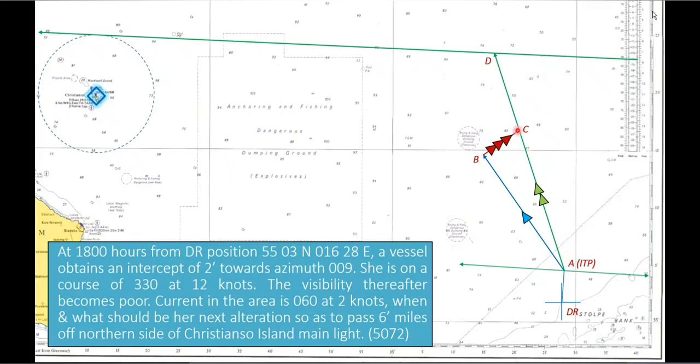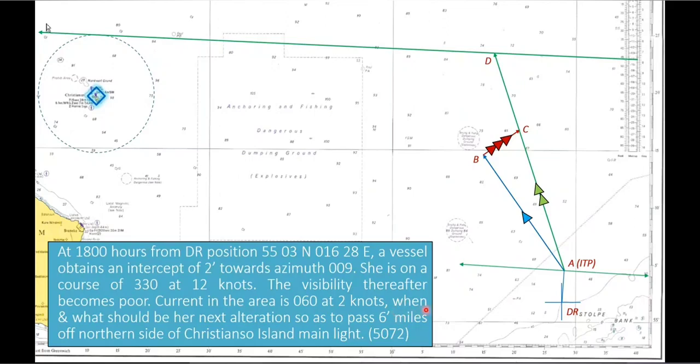So I can measure off the distance Alpha to Delta, A to D, the total distance which is to be covered on my first leg, divided by my speed made good given by vector AC, and it will immediately give me the ETA or the time required to reach point D. So one part of the question is already done.